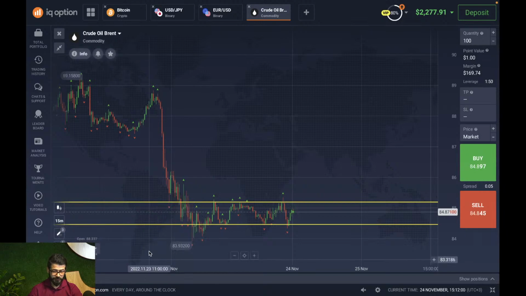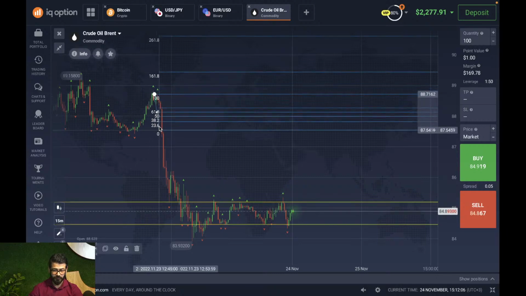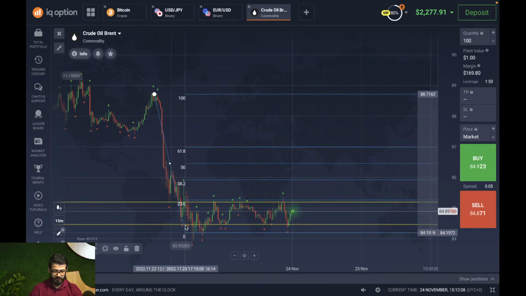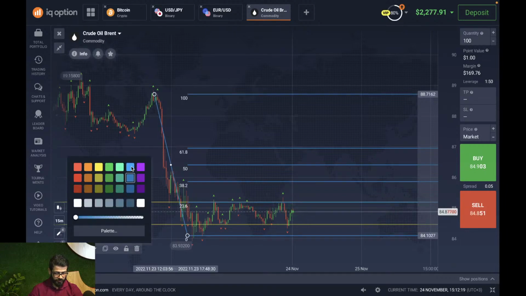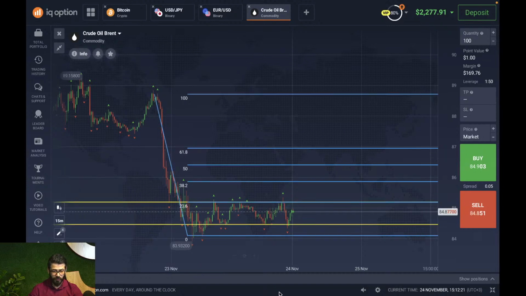Fibonacci lines. So we set it, as we mentioned previously, we put it on the highest point here before the downtrend, and we go all the way down to the lowest point. You can see here, this is the highest, this is the lowest. Let me make it more visible. And there we go.